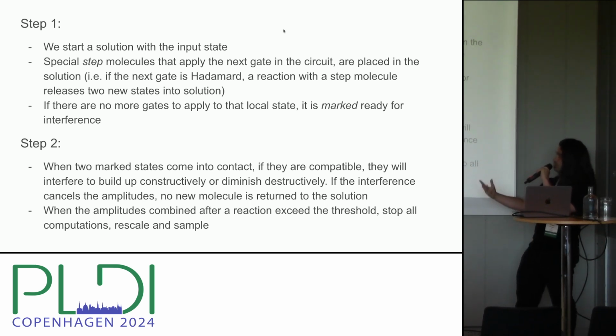And when two marked states come into contact, if they are compatible, they will interfere to build up constructively, or they will diminish destructively, and no molecules will be returned. And after a specific reaction, if the molecule that is being returned to the solution has an amplitude that is greater than the threshold that I've determined, I will stop everything else. I will rescale my amplitudes, and I will sample from this subset.